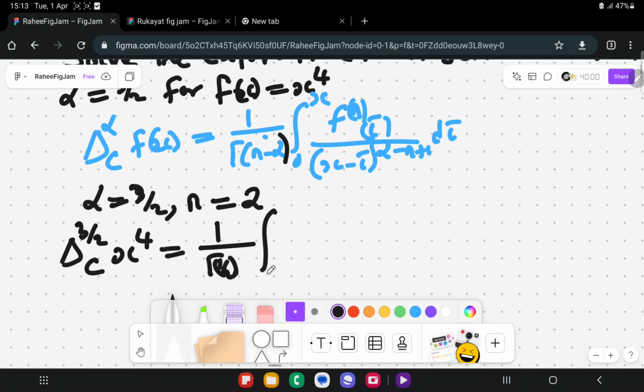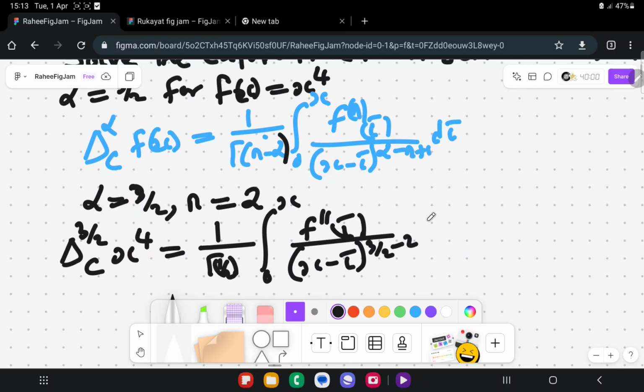Now into our integral from 0 to x, here is going to be f double prime of, in this case, tau, all over x minus tau. Our alpha is 3 all over 2 minus n, which is 2, then plus 1.